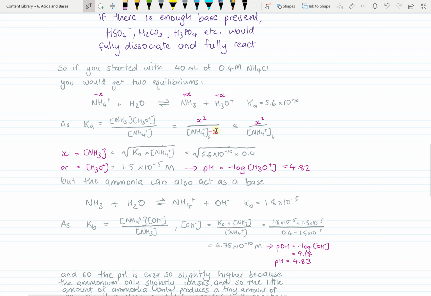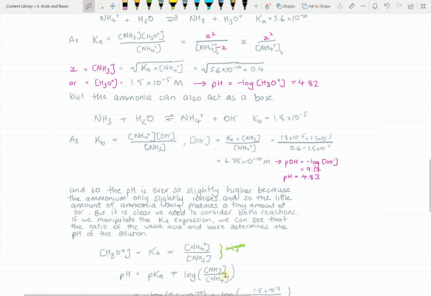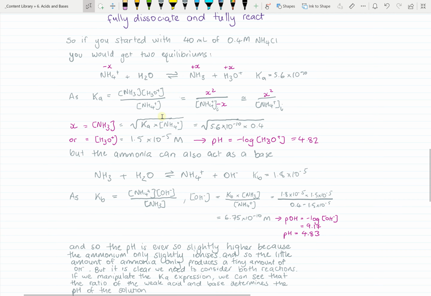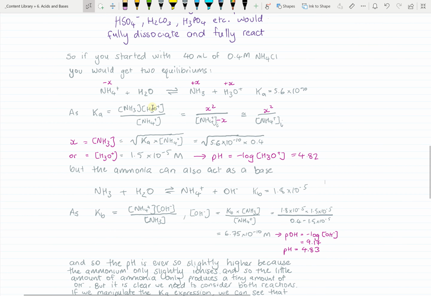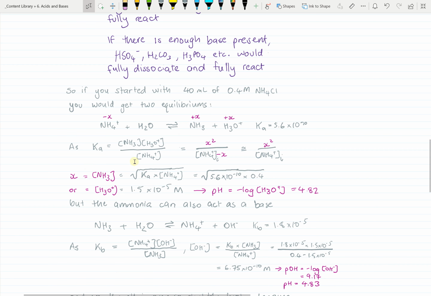And there's other ways you can tackle this, like when we get down here. But this is just a way that I'm trying to get you to understand how two reactions, or two equilibriums, can be happening simultaneously. Now, you should be able to understand this Ka, this is products over reactants leaving out the water.